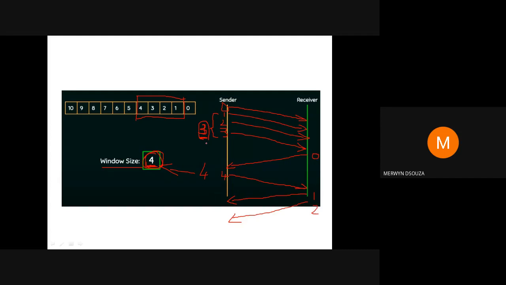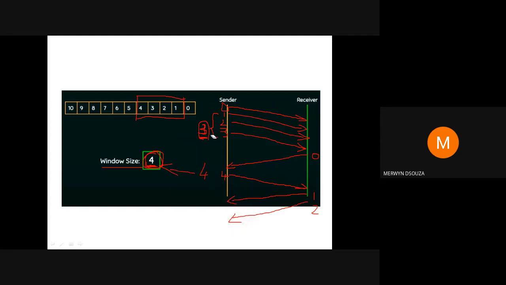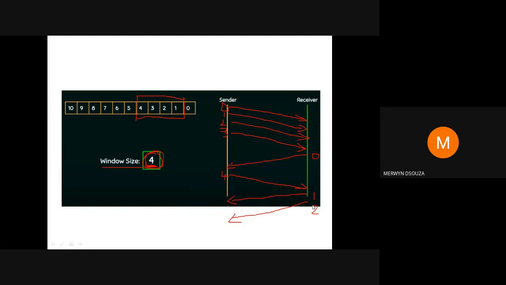Now can you tell me for how many packets the sender has not yet got acknowledgement? You can check here, the receiver has sent acknowledgement 0, 1, 2. For which packets is the sender waiting for acknowledgements?